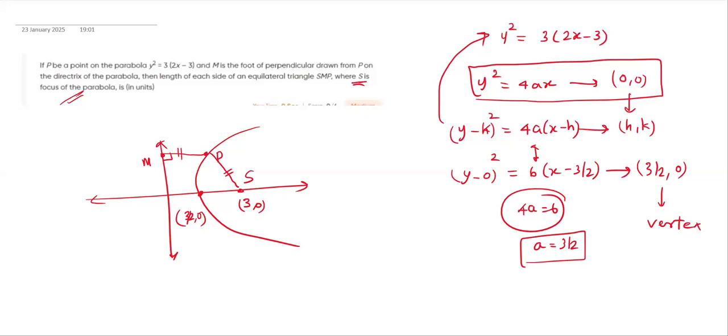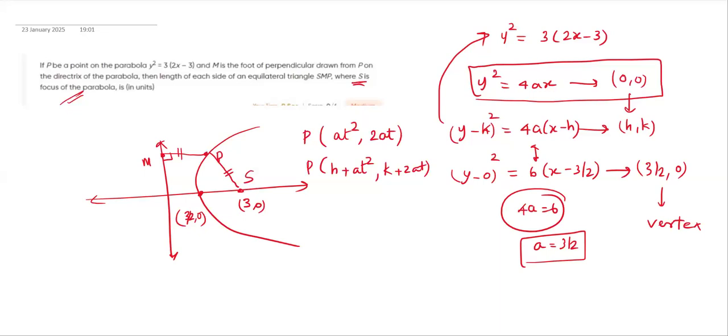So if I assume what P is, by the parametric form for y squared is equal to 4ax, you have the parametric form at squared comma 2at. Now, if it has been translated, then the new point will be h plus at squared comma k plus 2at.